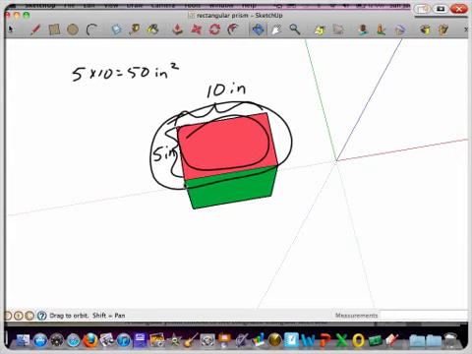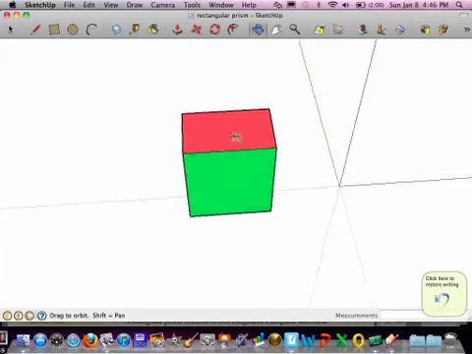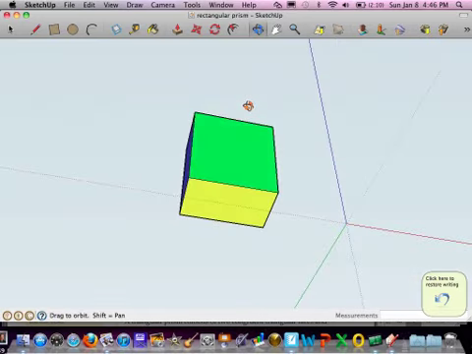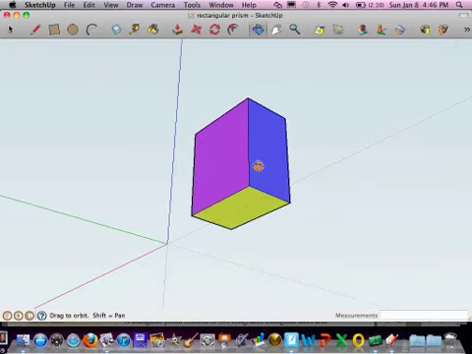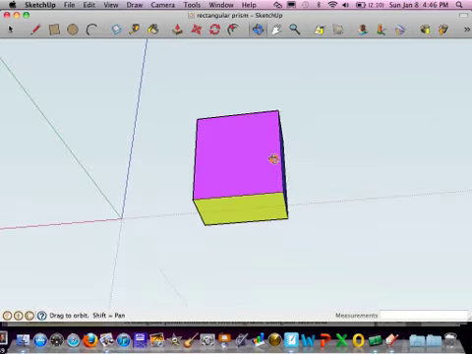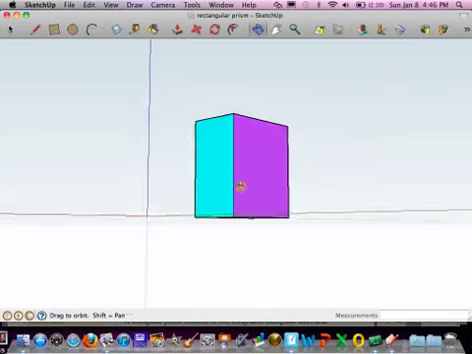Now, if that's the red one, wouldn't you agree that the one on the bottom, on the other side, is going to be exactly the same? So that one's going to be the same also. And so the green one would be the same as the one opposite of it, the purple one, and the blue one is going to be the same opposite of it.